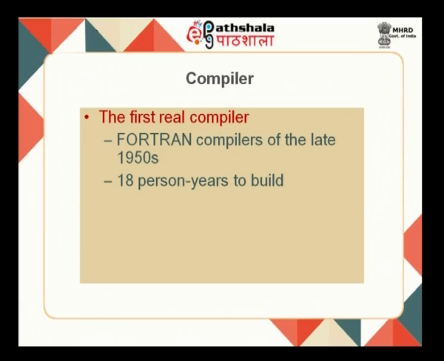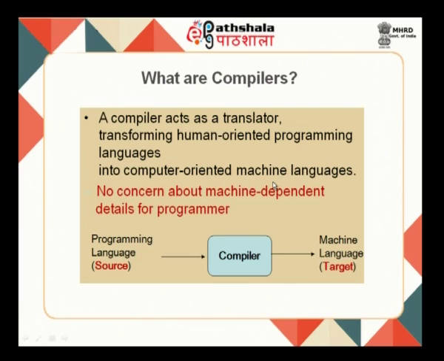So, here let us look at some history of the compiler. The first real compiler was built for Fortran in the late 50s, and it required 18 person-years to build. What we are trying to look at as a definition of the compiler is that it definitely acts as a translator, transforming human oriented programming languages into computer oriented machine languages.